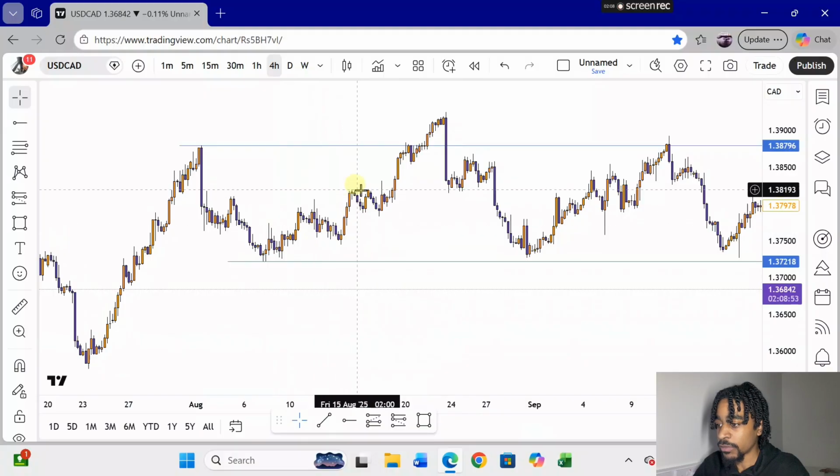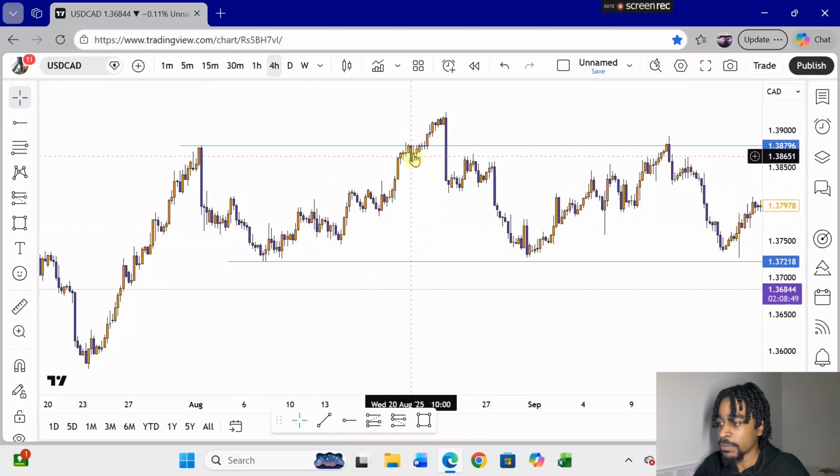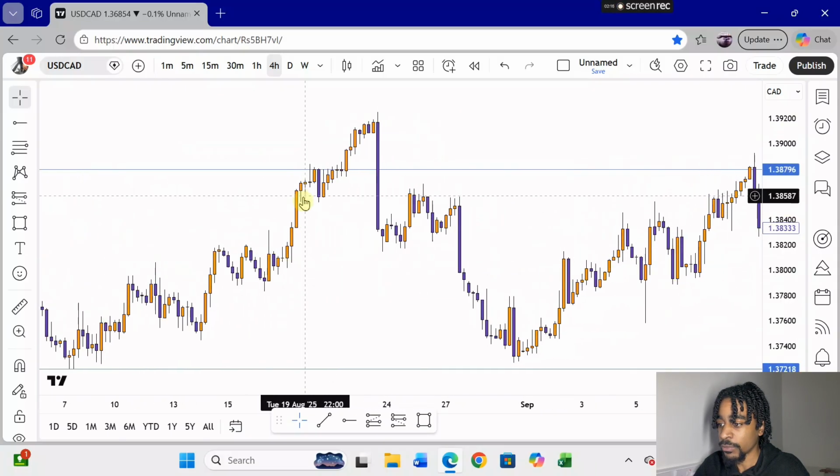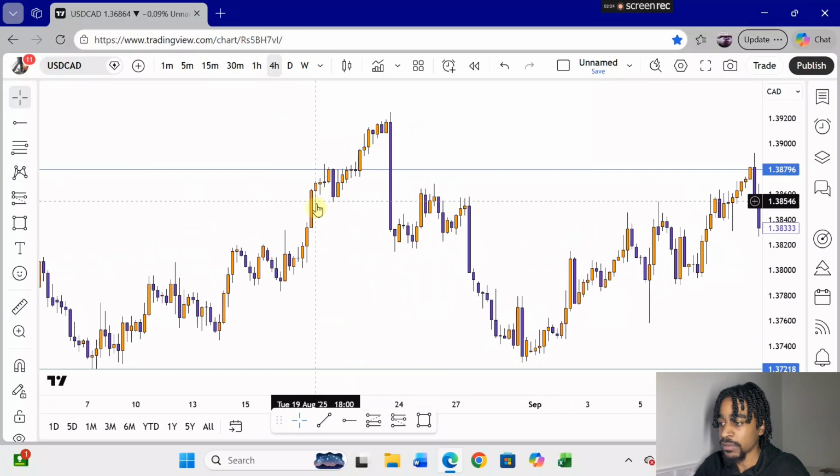Now, as price pushed up to this area of resistance, we began to slow down, and we see that in terms of the candlesticks. So we have large candlesticks showing strength, and then as we get closer to this area of resistance, the candlesticks get smaller. So small, small, small.